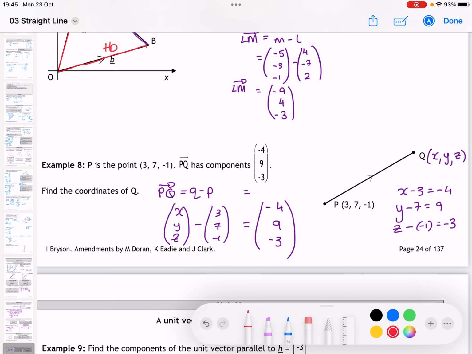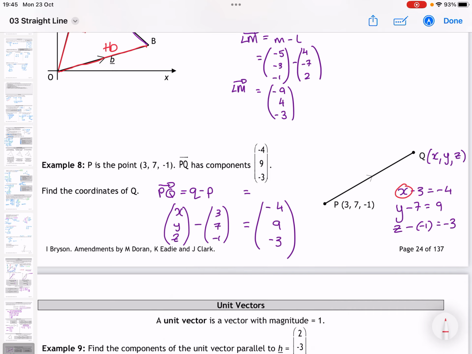So that means that X, what take away 3 gives me minus 4? Well, take the 3 over, becomes minus 1. For Y, take the 7 over, add it on. Or what take away 7 gives me 9?